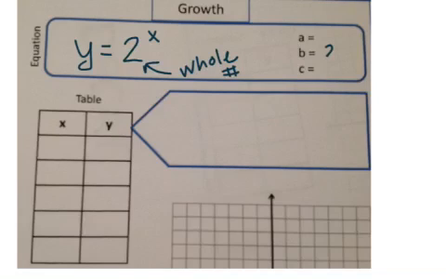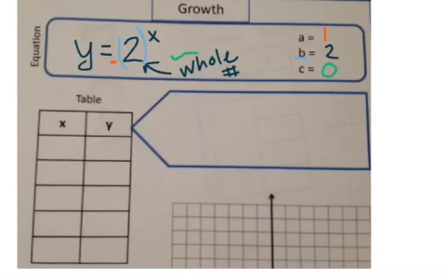So our b in this case is 2. Our a value, I don't see anything out front because here's our b value in parentheses, so that's why we've got the b is 2. A, there's nothing out front, so that means it's a 1. And then our c, I don't see anything back here, which is what we'll talk about later. So there's nothing there, so that's a 0.